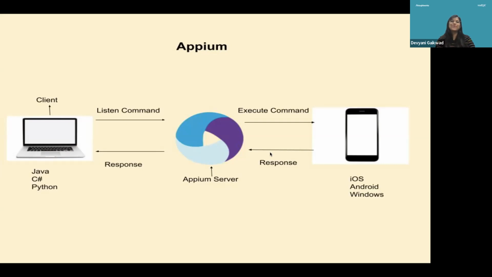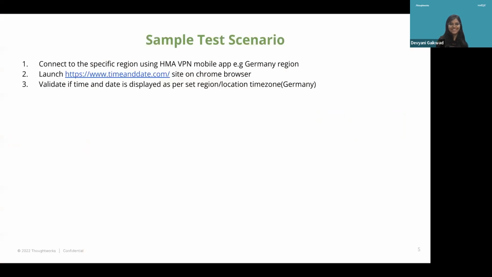And via the APM server, your client will again get the response. Like all of us know, APM is an open source tool and it can be used for any type of application. You can do native, hybrid, web apps, whatever requirement you have, you can use the APM server for that. With that, I'm moving ahead with another section. But if you have any question, please put that into the chat.